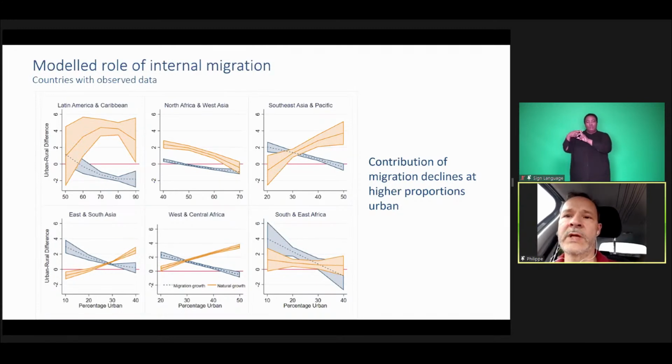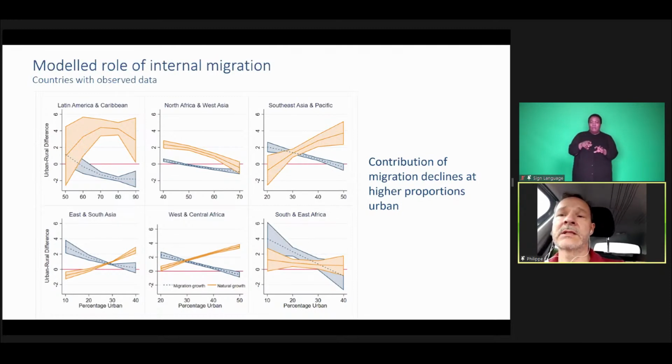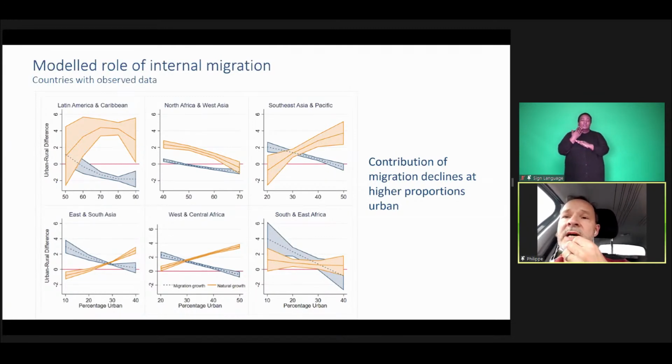If you look at South and East Africa, we can see that its migration growth is declining, although it was positive longer than in other parts of the world. So the take-home message from this slide is that the contribution of migration declines when the proportion urban is higher.